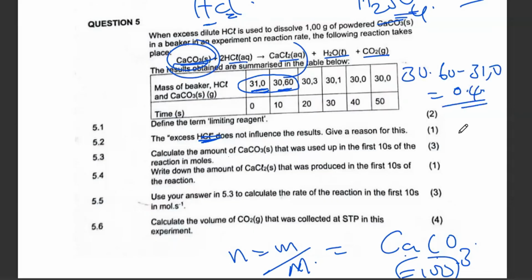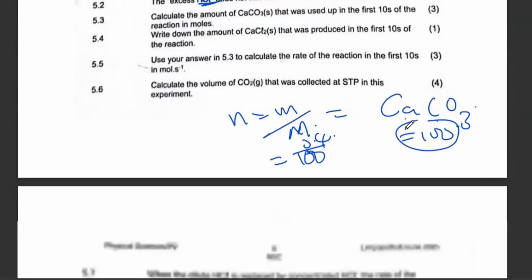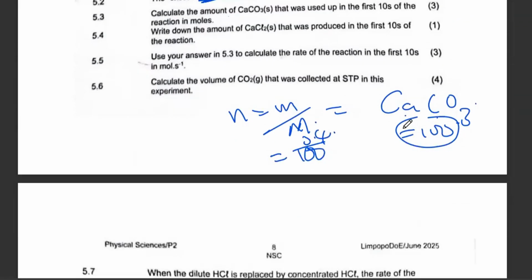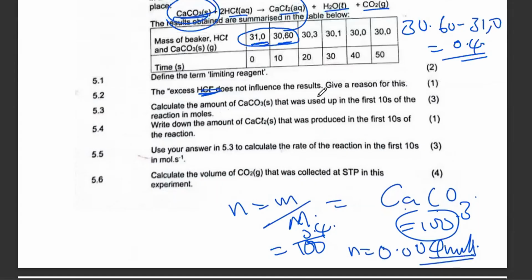So our mass here is 0,4. Since I have 0,4 divided by 100, the number of moles is 0,004 moles. Those are the moles of calcium carbonate that were used by the 10th second.